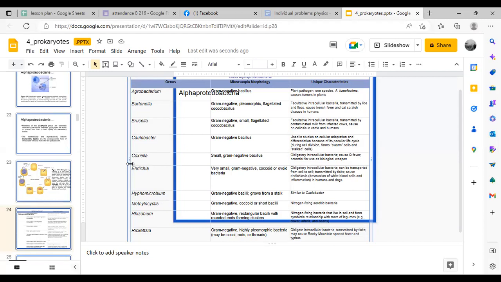You have also Hyphomicrobium. This is a gram-negative bacillus. It grows from a stalk. It's similar to Caulobacter. An important bacteria. So I think we should remember this. This is important in terms of the food that we eat.